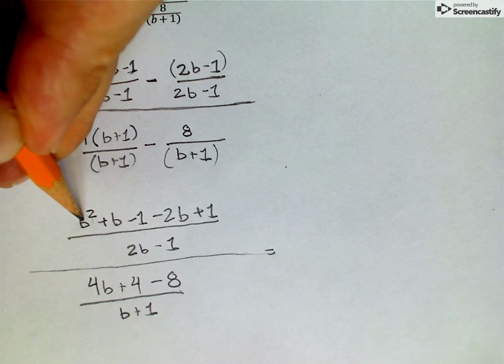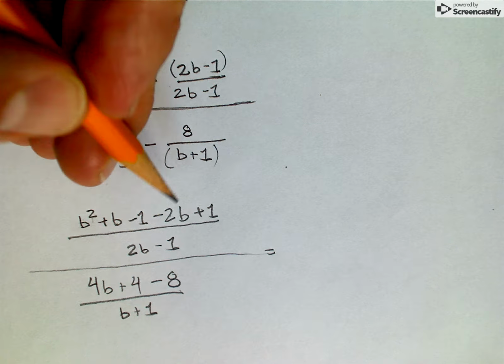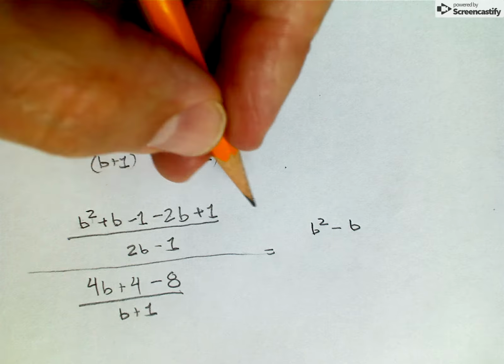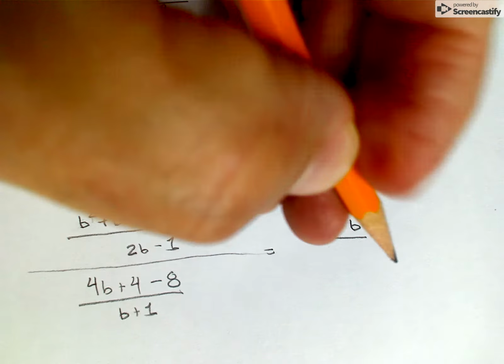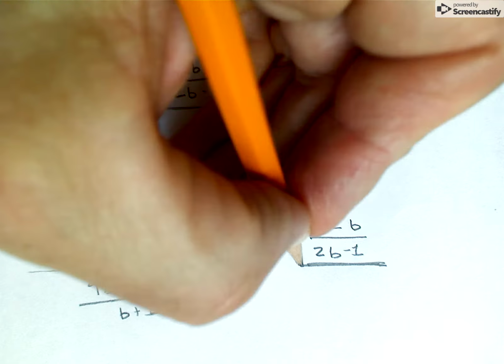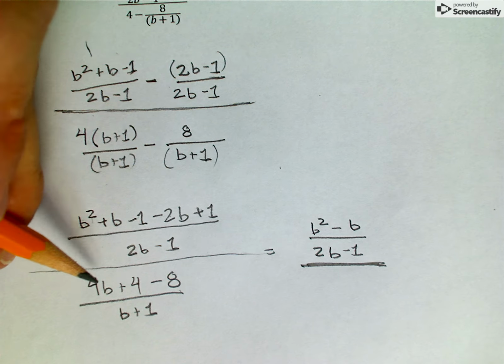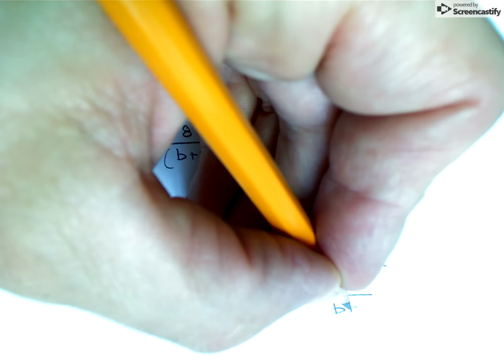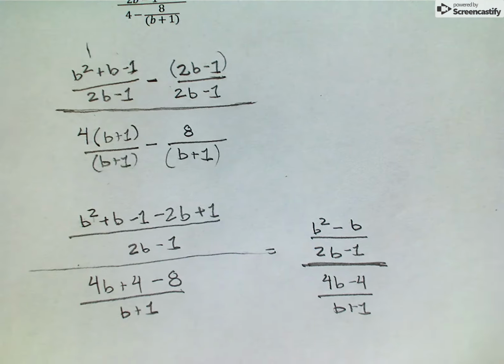I can combine the like terms, b squared plus b minus 2b, so that's b squared minus b, and a -1 and a +1. So that's it on the top, and then 2b minus 1 on the bottom of that fraction, and I'm dividing that whole thing by 4b minus 4 divided by b plus 1.